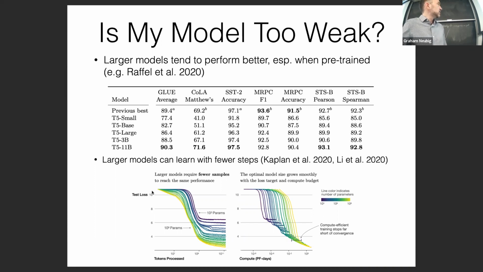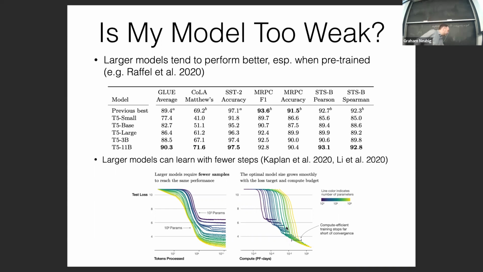And what you can see is that if you process the same number of tokens, the larger models almost always converge faster. If you consider the amount of time, because processing a certain number of tokens with a large model takes more time than processing the same number of tokens with a small model, you can see that at the very beginning, the smaller models are faster to train, but at some point, the smaller models level off and the larger models surpass them in how good the models are, even at the same amount of training time.